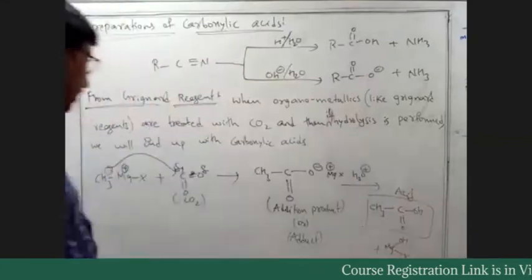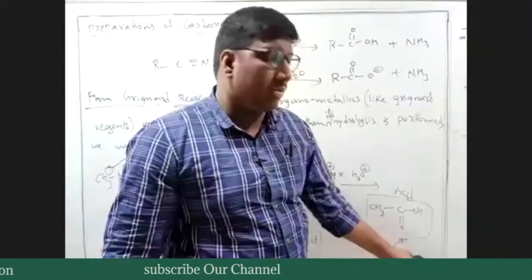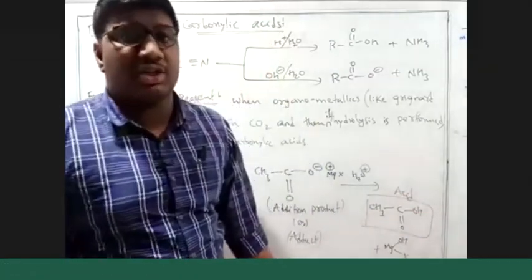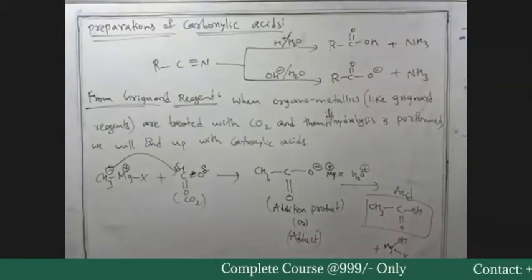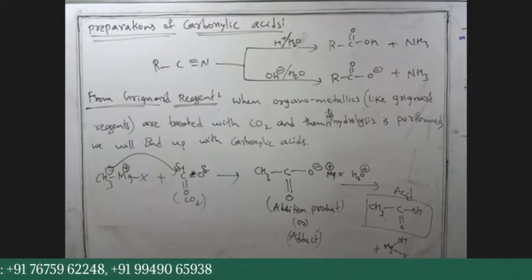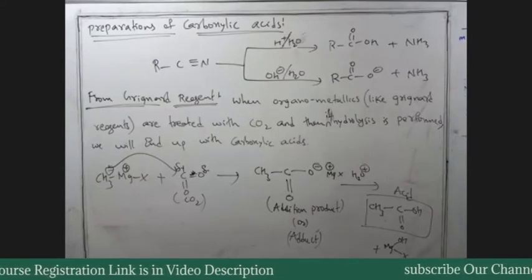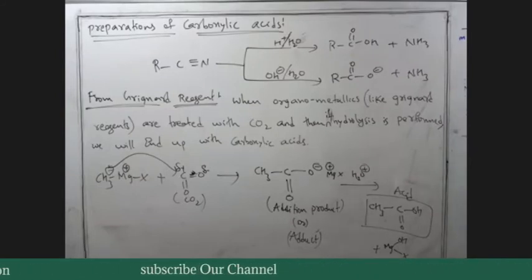If we start with CH3MgX, we'll get CH3C=OH. Is it clear? The reaction mechanism should be very simple, right? Note down the reaction mechanism of Grignard reagent with CO2.